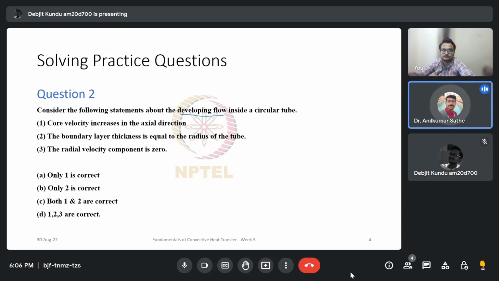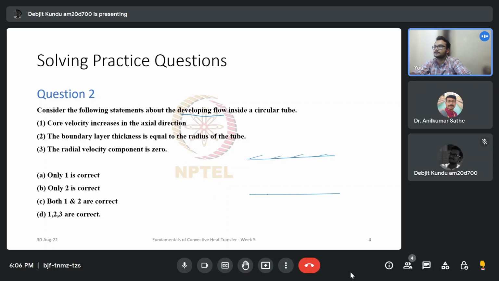Sir, core velocity means it's outside the boundary layer. Am I right? Yeah, correct. So it is constant. The thing is, let's say if I draw a pipe once again. Here is the developing region, and this particular region is called the core region.